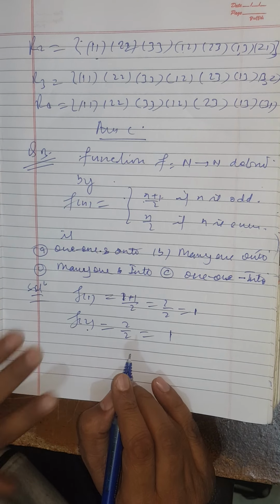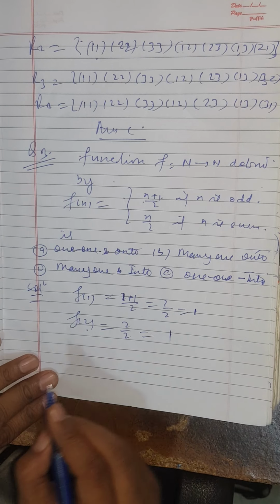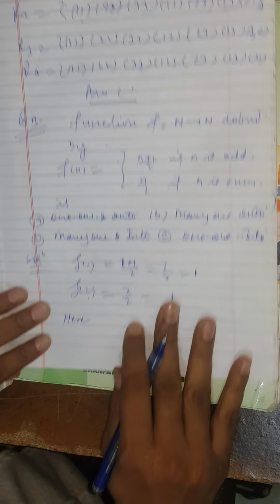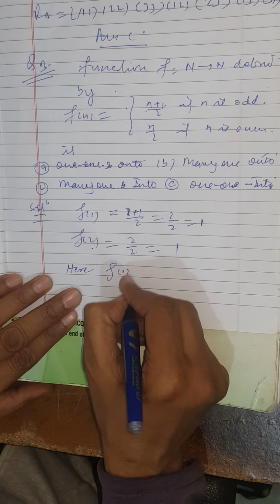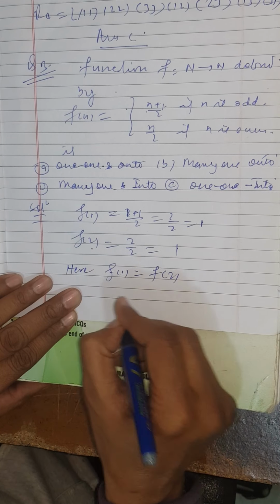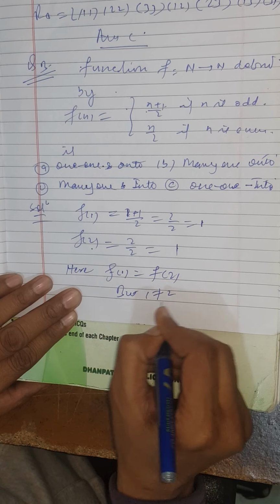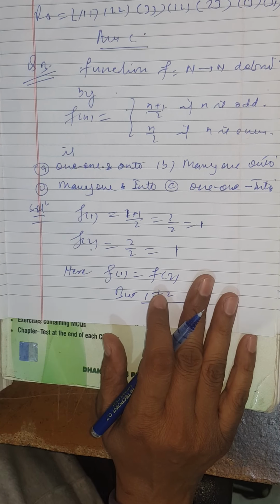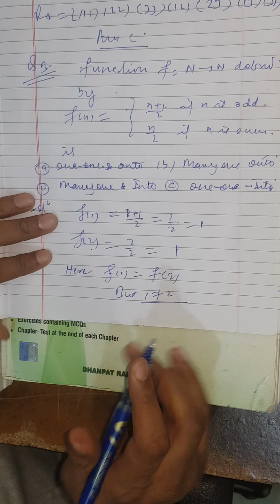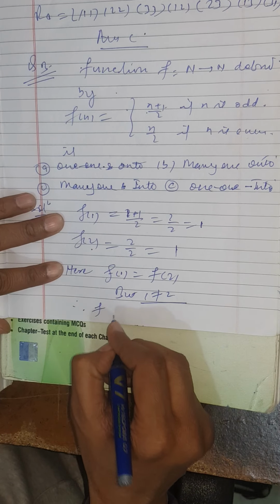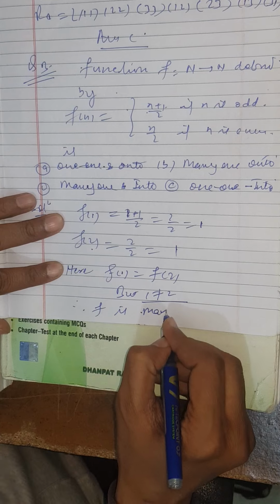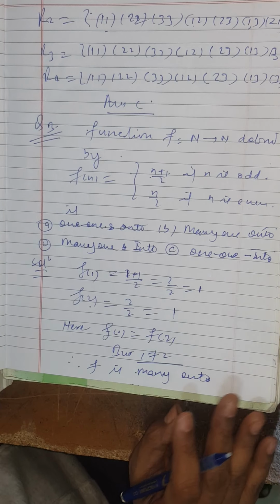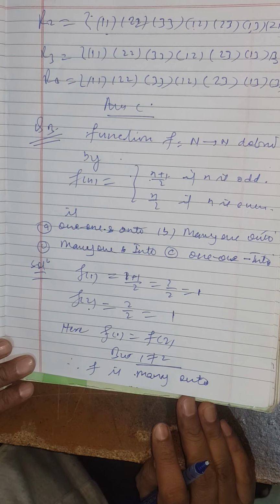So here we see that f(1) is equal to f(2), but 1 is not equal to 2, therefore it is many-one. Therefore f is many-one.